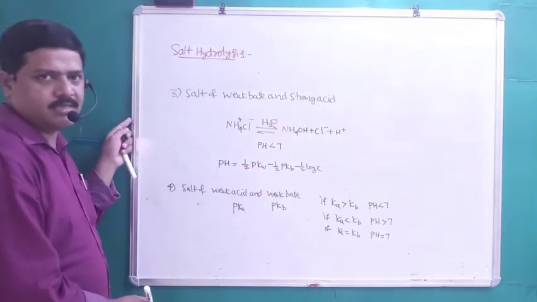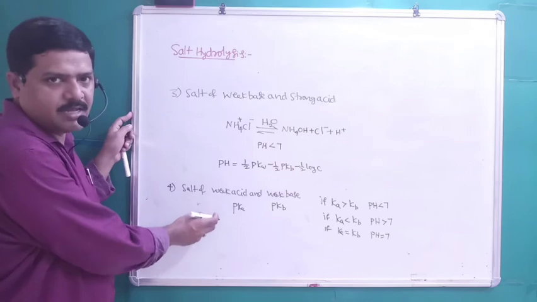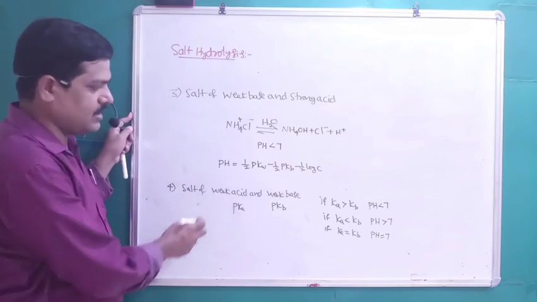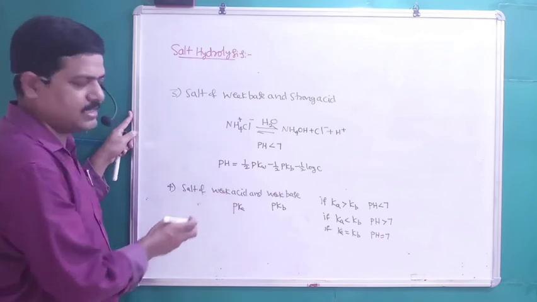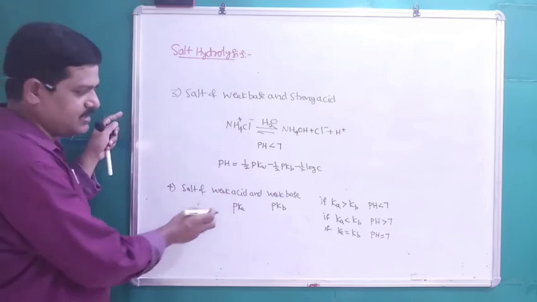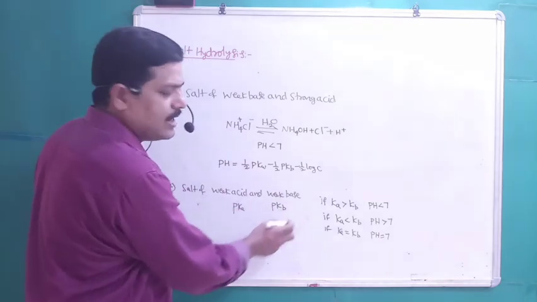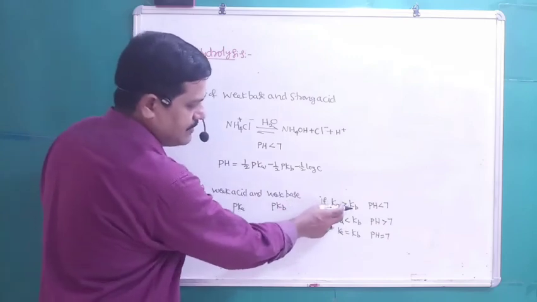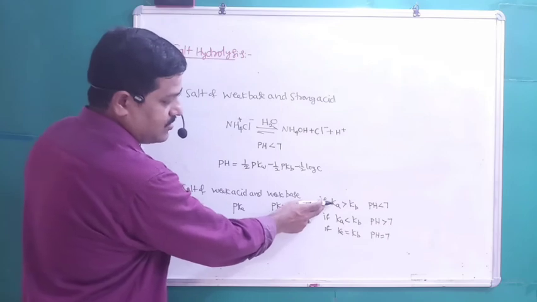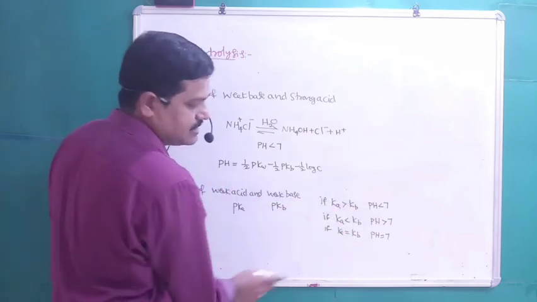In this case, the anionic part as well as the cationic part will both undergo hydrolysis, and the pH is decided by the relative strength of acid and base. If Ka is greater than Kb, the acid is relatively stronger than the base, so pH is less than 7.